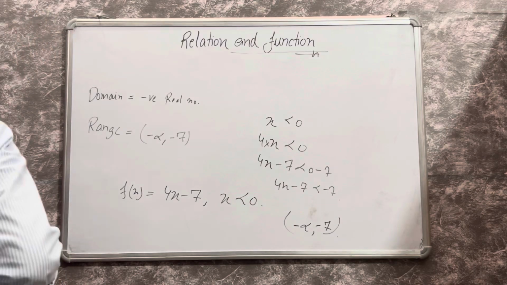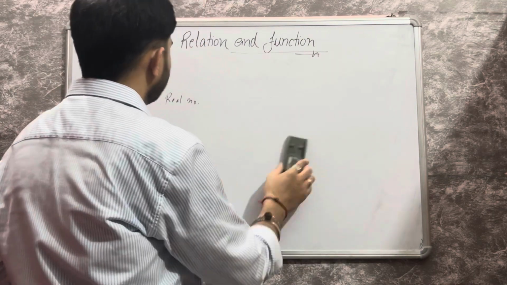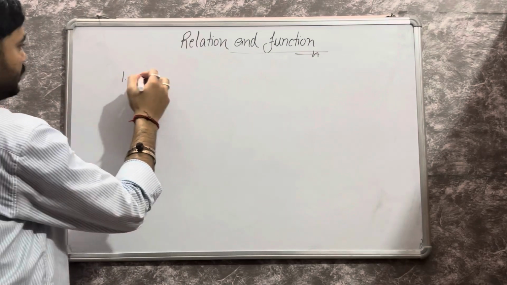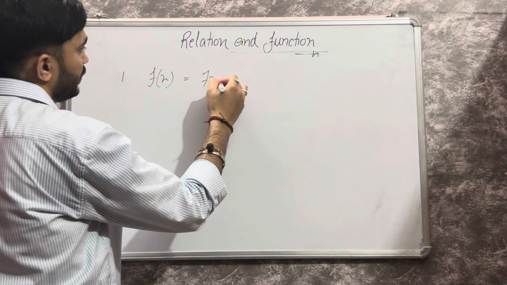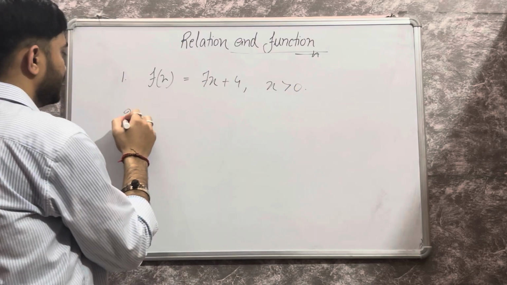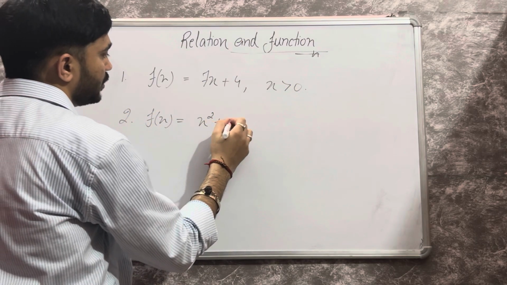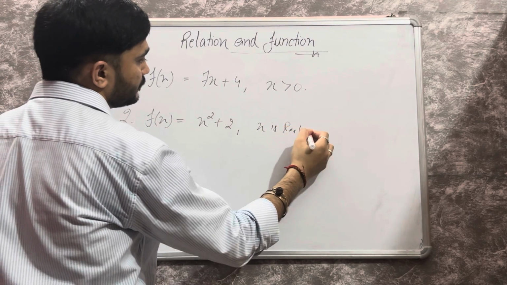Based on this, I am going to give you some homework so you can find the range. First question: what if f of x is equal to 7x plus 4 for x greater than 0. Second, f of x is equal to x square plus 2 for x a real number.